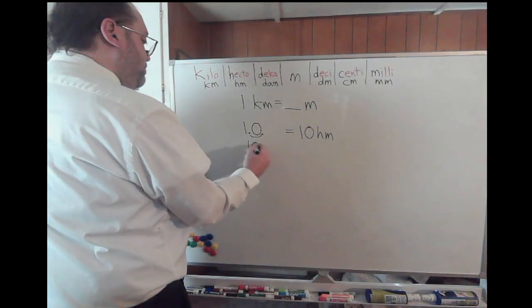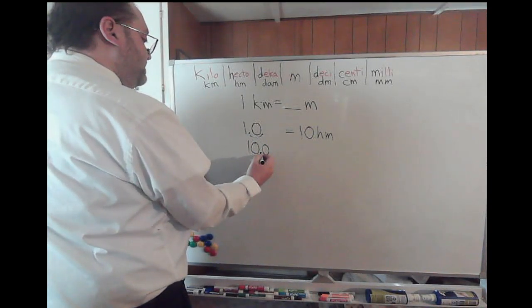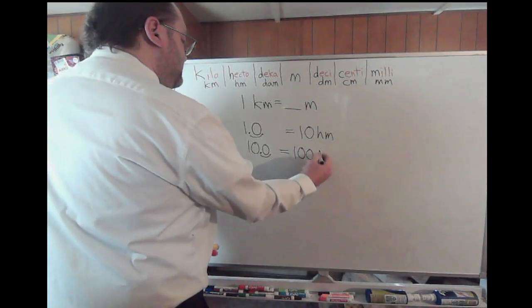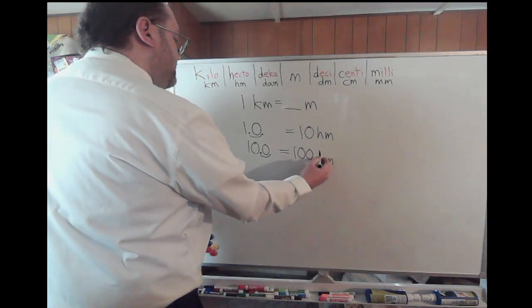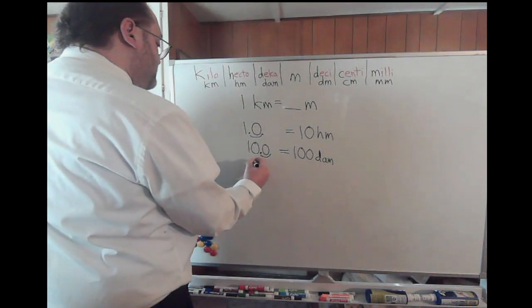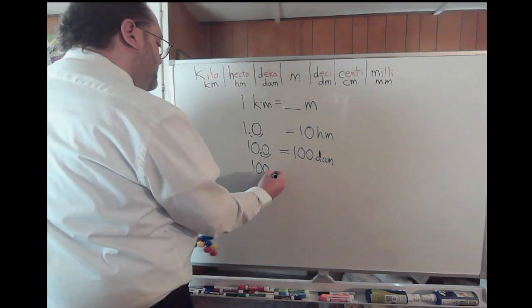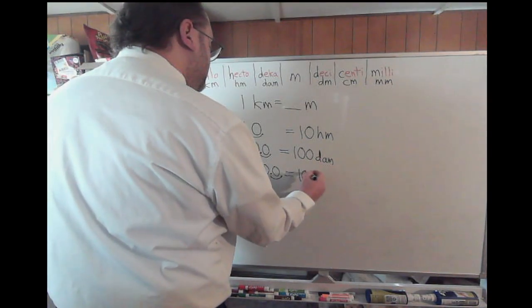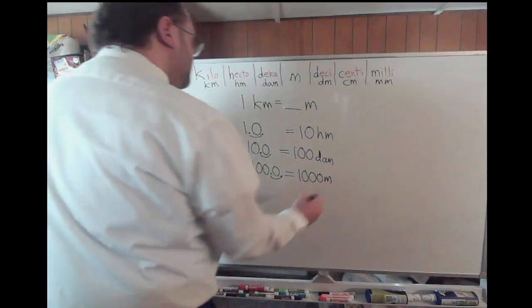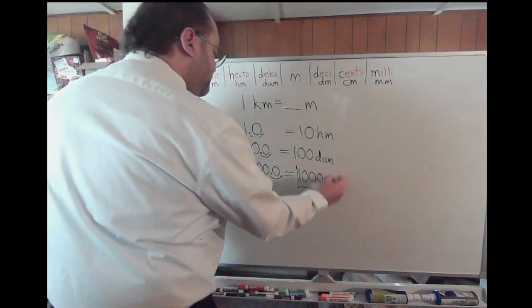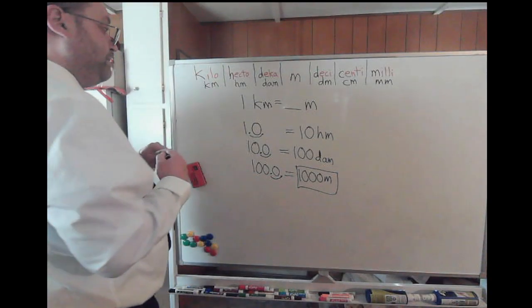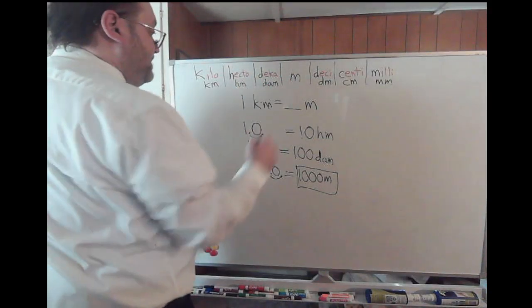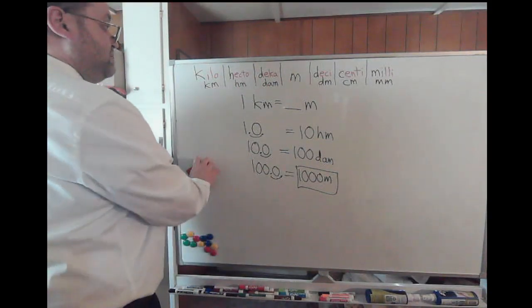Then take that 10.0, move it another decimal place to the right, and you'll have 100 decameters. Take the 100.0, move it one more decimal place to the right, and you'll have 1,000 meters. So 1 kilometer is equal to 1,000 meters. Or if you wanted to, just times 10 times 10 times 10, you could know that 1 kilometer equals 1,000 meters.